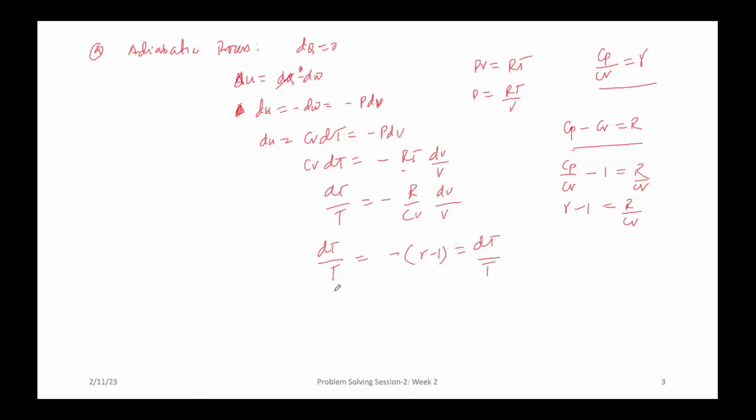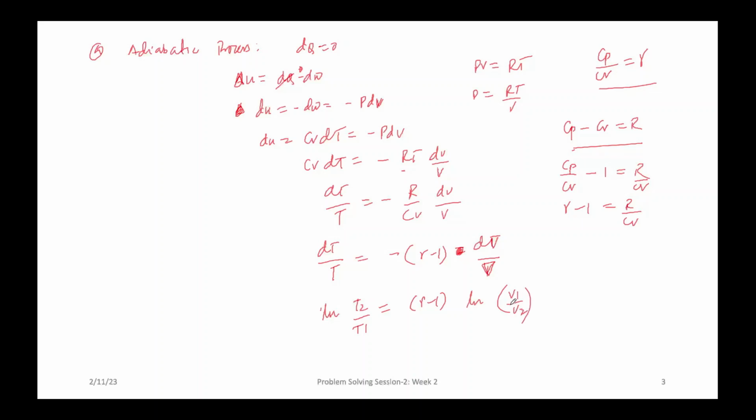Then we have to integrate with limits T1 to T2 here. So ln of T2 by T1 is equal to, here is a minus sign, so I can write, sorry, ln of V1 divided by V2.